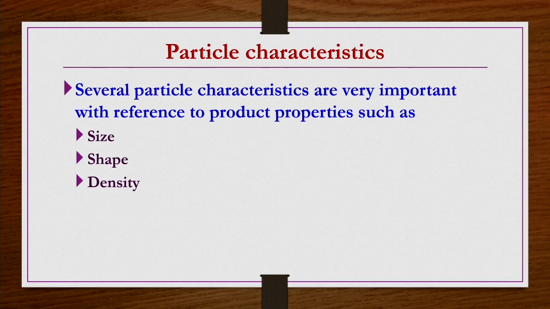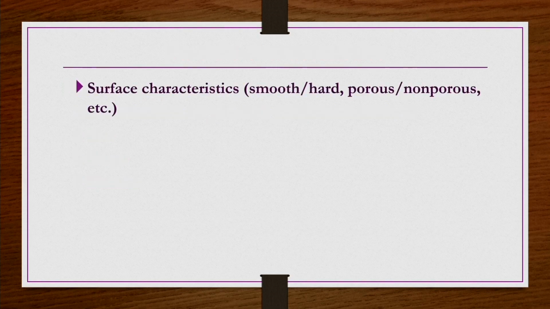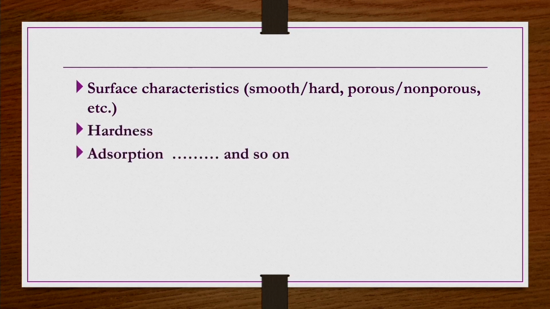However, in addition, there are other characteristics like surface characteristics, smooth, hard, porous, non-porous, etc., which are also important. Hardness, adsorption and so on; if you keep listing, there are so many properties, but primarily we will be studying the size, shape and density of the particulate matter in this particular module. Then we will go into the remaining unit operations related to particulate matter.